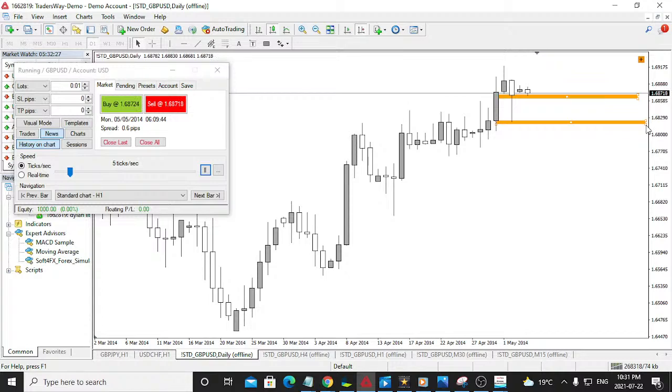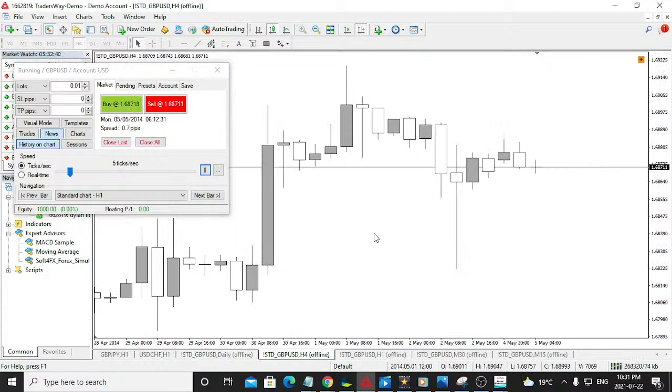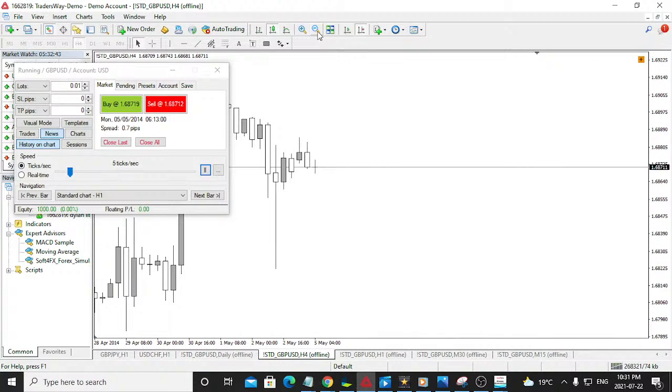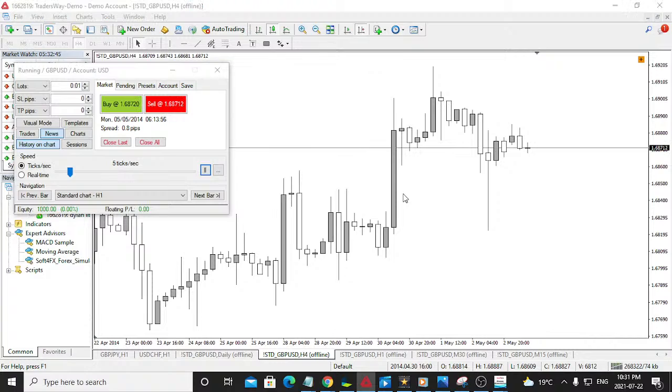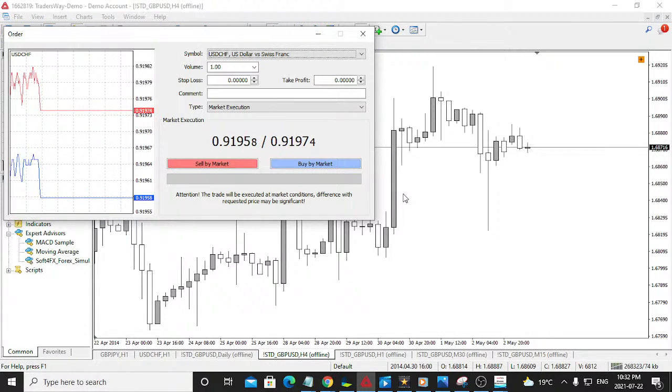Price may want to just continue. We do have this candle which closed bullish on support. So if that's the case, bear with me one moment.